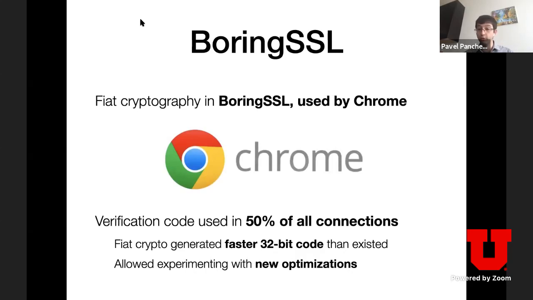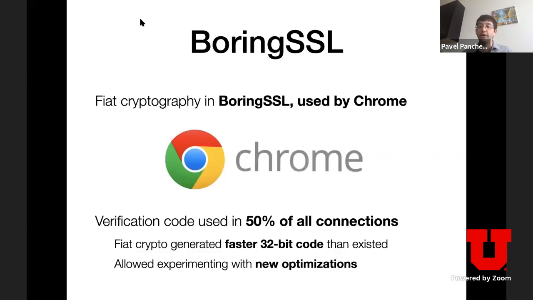And if you're talking to Google, if your connection is to Google, you're running this code on both sides of the connection. Not only is this code verified, so you know it's bug free, it's also a lot easier to maintain. It generated faster code than existed in the project before.